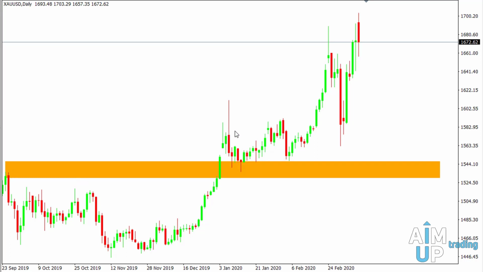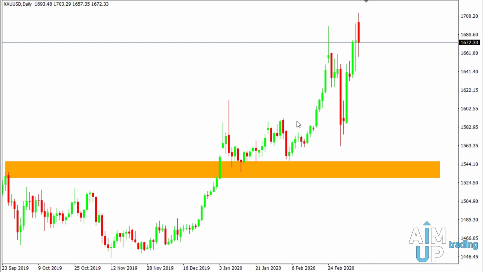And actually it retested four times before it went back up. You see how it went up, went back down, before it actually made a strong bullish movement. So you see, after the first breakout, the price was consolidating again.